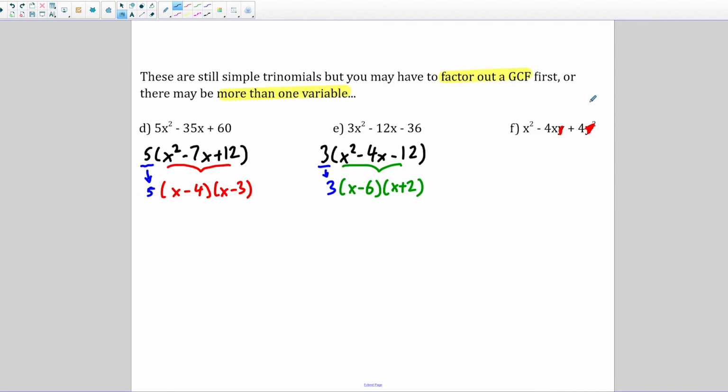Then we are going to factor this using decomposition. We have a is equal to 1, b is equal to -4, and c is equal to +4. From here, we'll know that our two numbers have to multiply to a times c, so in this case +4, and the same two numbers have to add up to give us b, which in this case is equal to -4.